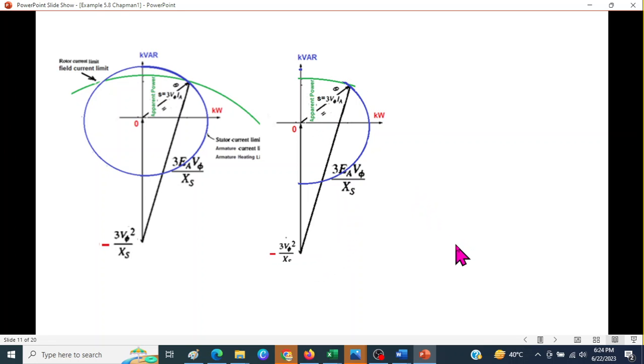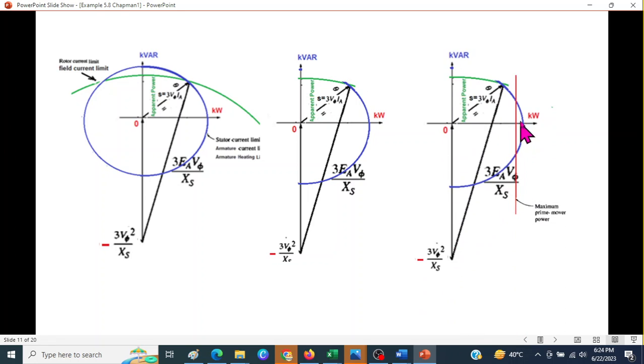Now, one more thing, and that is shown here, is the maximum prime mover power. The prime mover has its limitations, like the turbine or any other thing which is moving the generator armature. So that has its limit, and in the next question that we'll solve, we'll see that this point is 50 kilowatt, but the prime mover limit is 45.